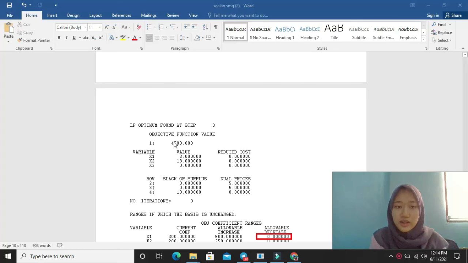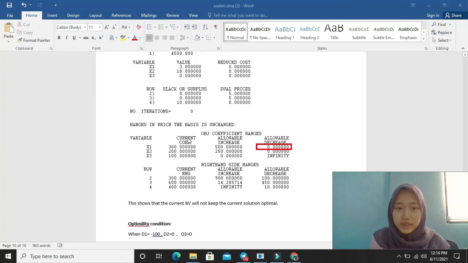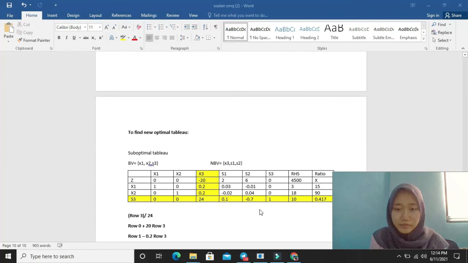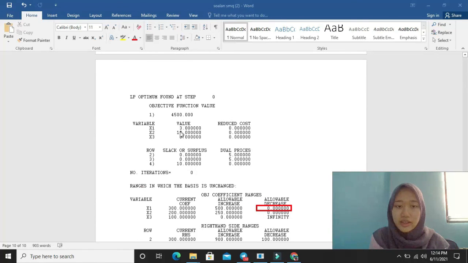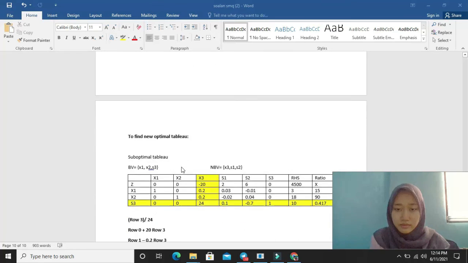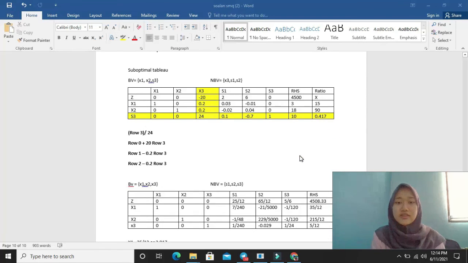So here 4,500 for Z, and the right hand side coefficients 3, 18 and 10. Okay, so first we need to find the entering and leaving variable. In row 0 here, we have 0, 0, negative 20, 2, 6, 0 and 4,500.